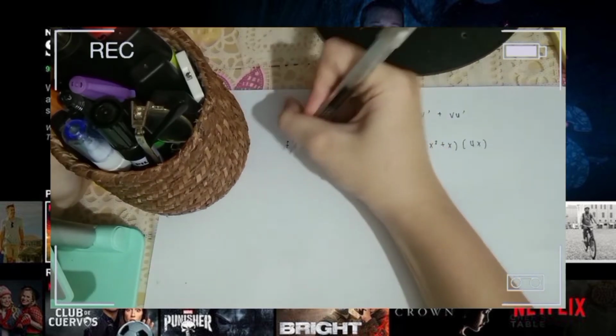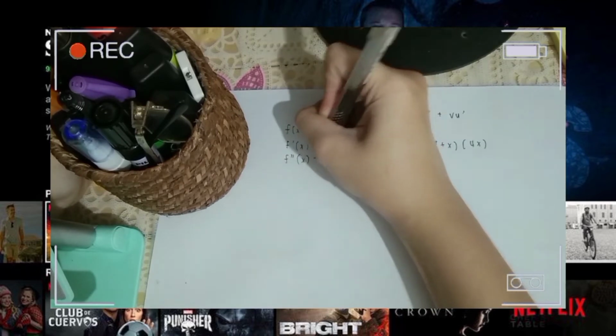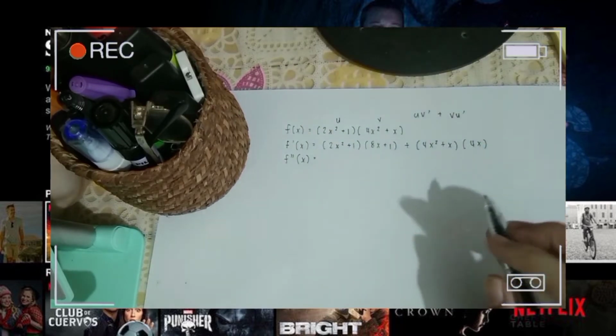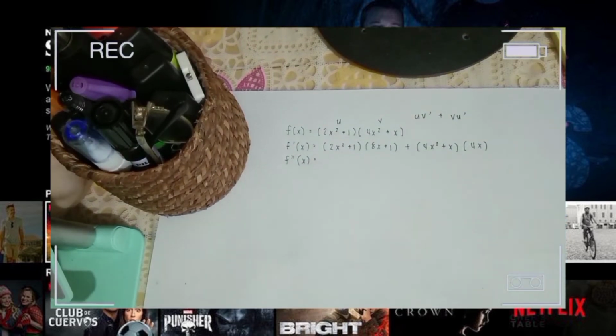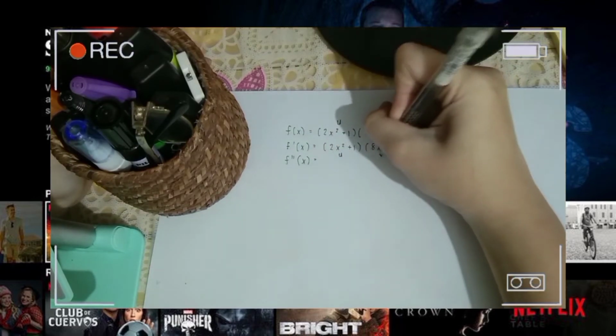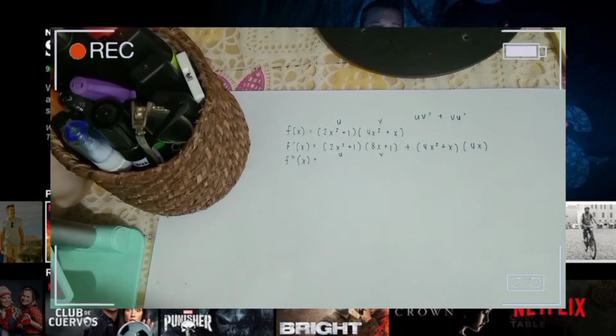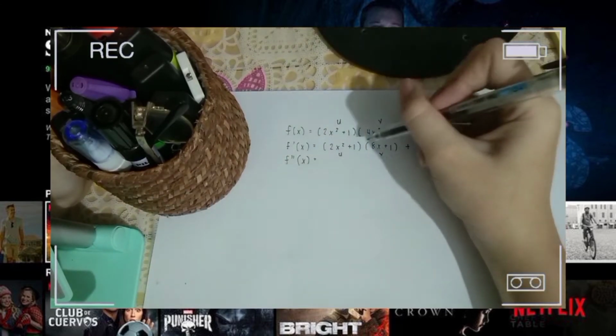Now we can find the second derivative of this and use the product rule twice. So I'm going to call these functions here again u and v, and apply the product rule for this first part only.